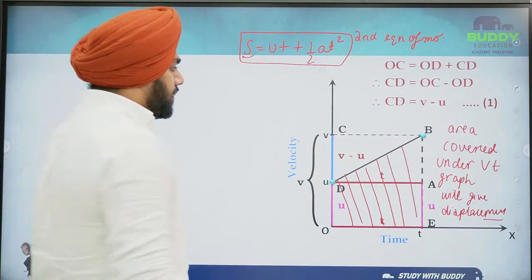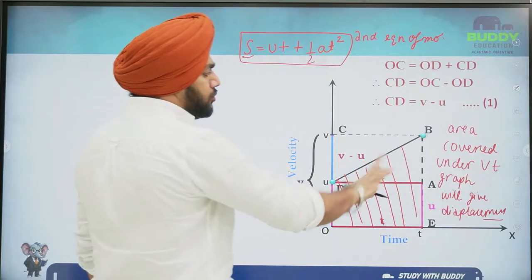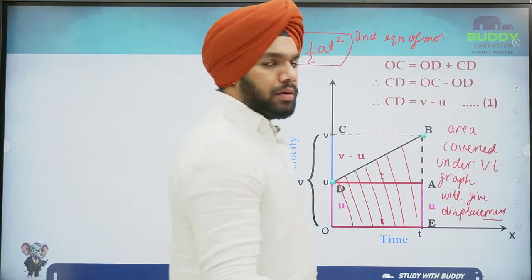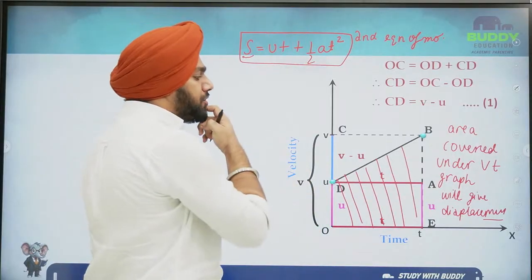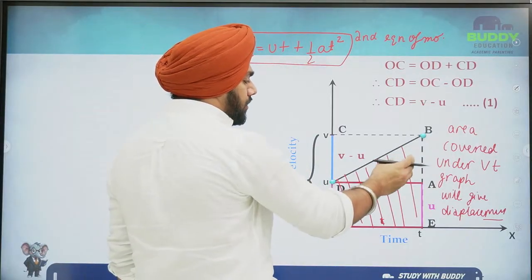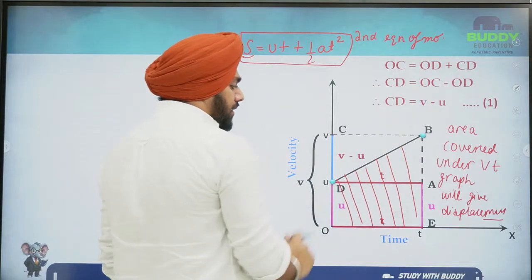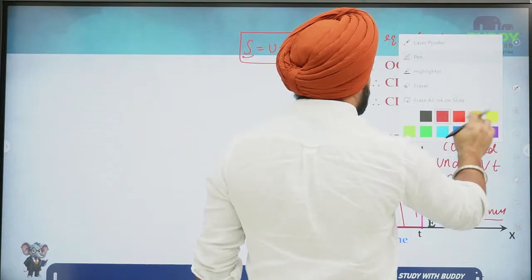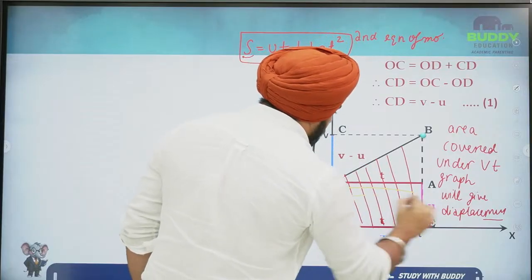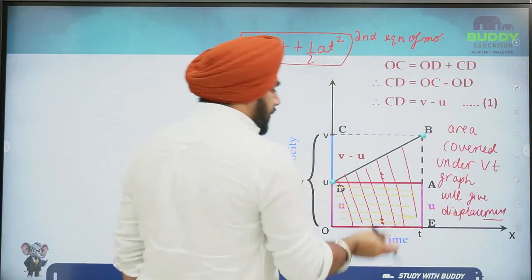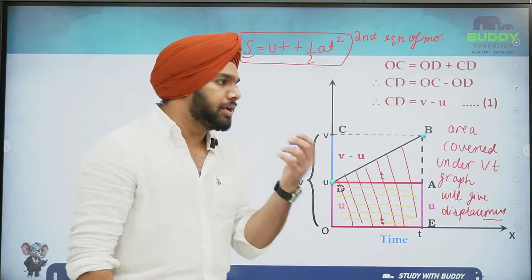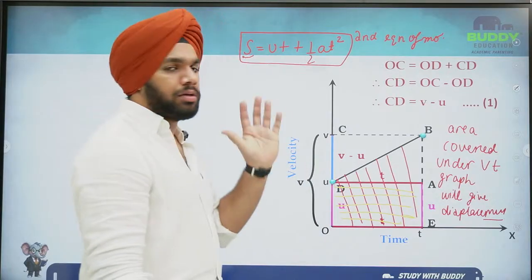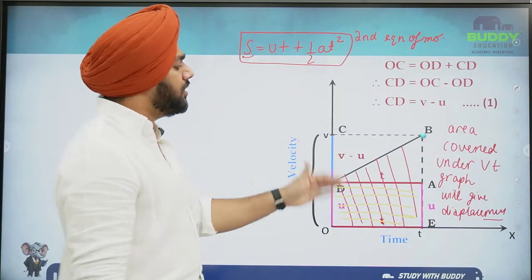So this area comprises two parts. You can break this graph into two parts. For the second equation of motion, you have to take this area in two parts. So this becomes the area of a rectangle, right? And this is important because if you take the area of a trapezium, then you won't be able to find the second equation of motion.